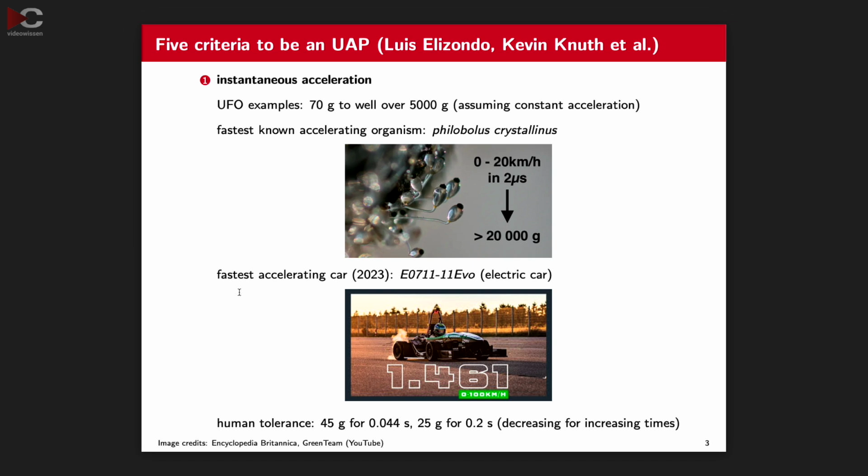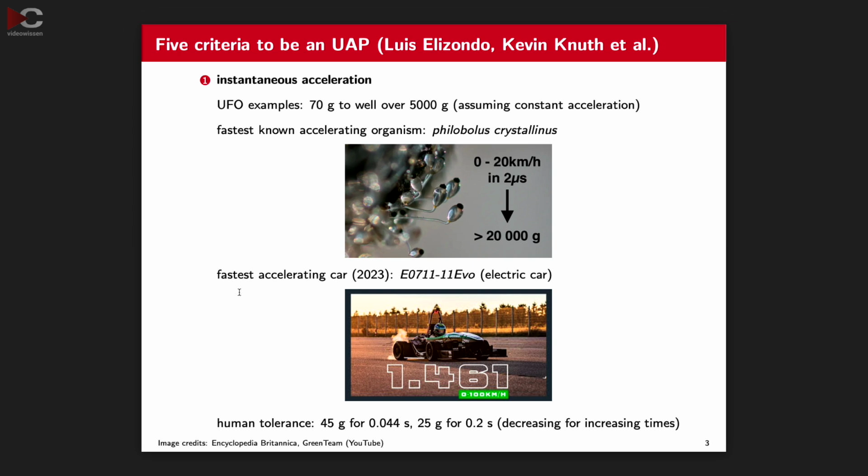And our human tolerance for high accelerations is actually quite low. Studies have shown that we can tolerate 45g for only 0.044 seconds without causing any damage to our organism. Reducing the acceleration to 25g, we can endure this for 0.2 seconds.